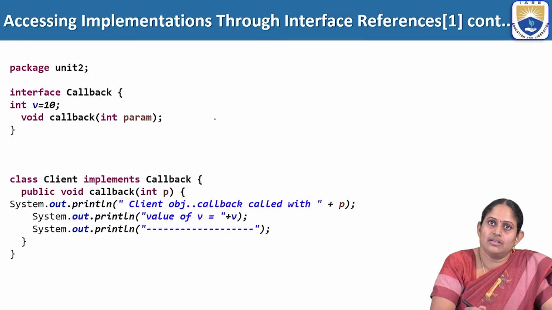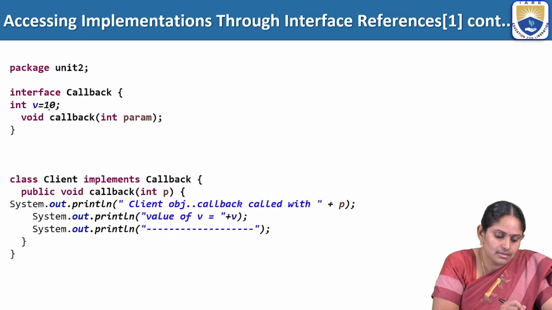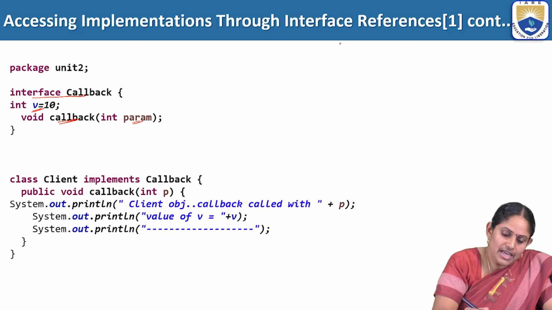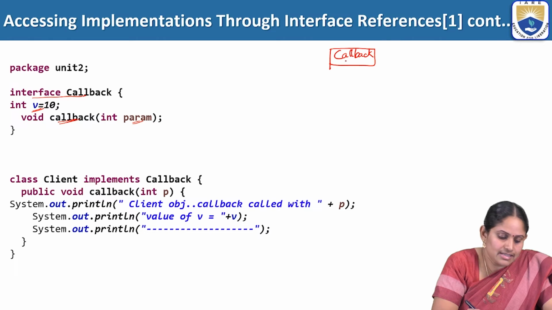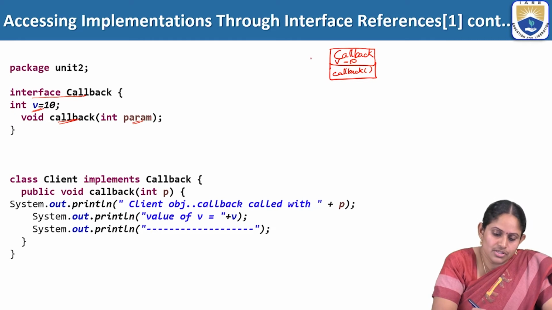So let's look into accessing implementation through an interface reference variable. We have an interface named callback with a variable named v, which is always public, static and final, and an abstract method callback with some parameters. So this is our interface.